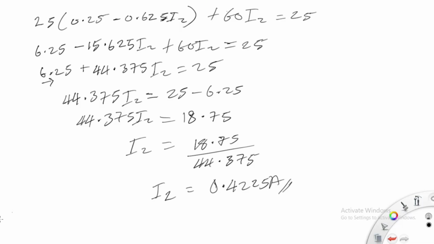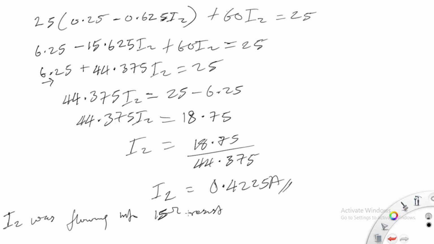So what can we say now? We were looking for the current flowing across the 15 ohms resistor. So I2, if you go back to the circuit, you will see that I2 was flowing from E to D to C and back to the 15 ohms. So I2 was flowing into the 15 ohms. We were asked to find the current flowing through the 15 ohms resistor.